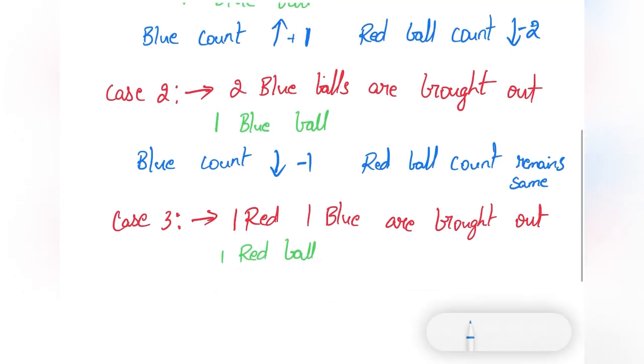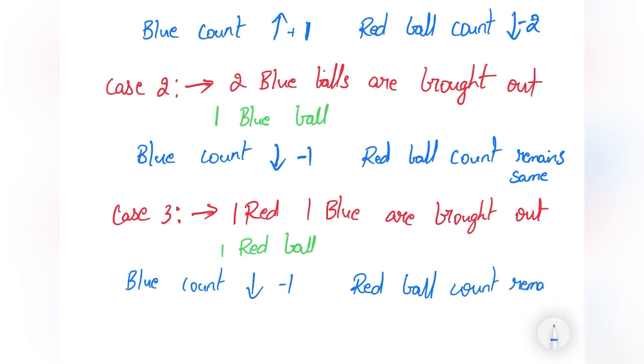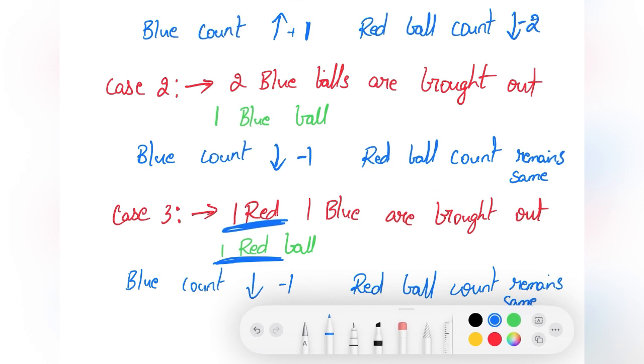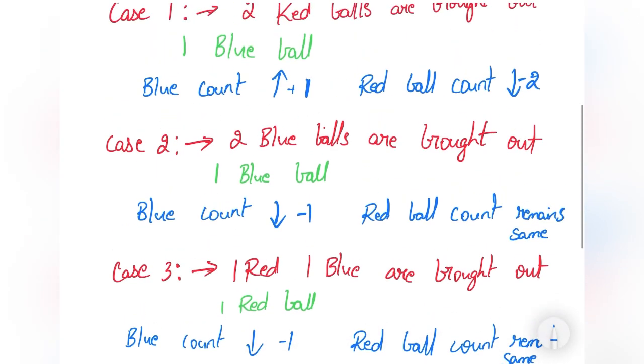So now let us see the overall red and blue count. Blue count decreased by 1, but red ball count remains the same. Why? Because we brought one red ball out from the box and we placed one more red ball back into that box. So the overall red ball count in the box is not disturbed.